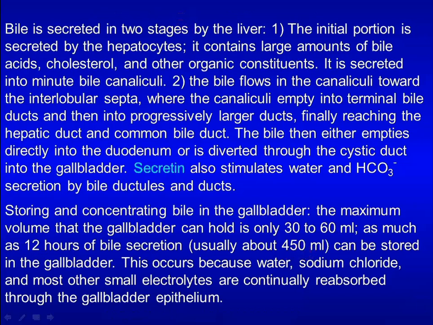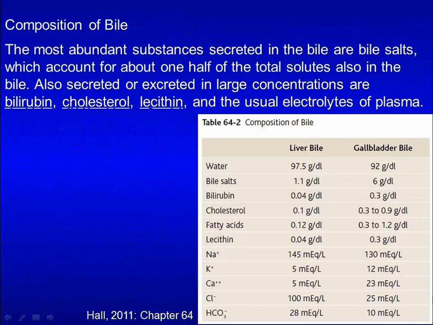The answer is reabsorption in the gallbladder. Water, sodium chloride, and most other small electrolytes are continually reabsorbed, concentrating the remaining bile constituents. The most abundant organic substance in the bile are bile salts. Other significant constituents are bilirubin, cholesterol, fatty acids, and phosphatidylcholine.